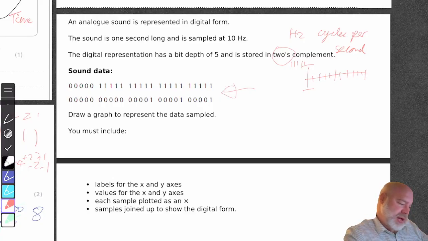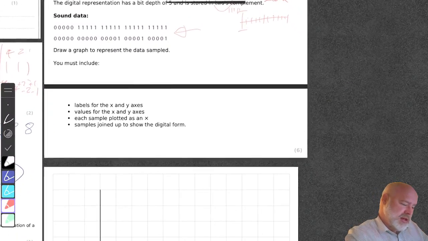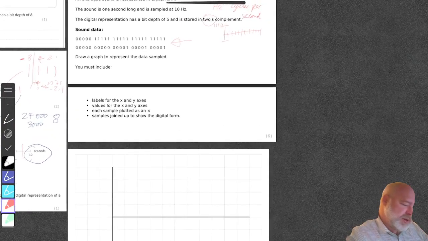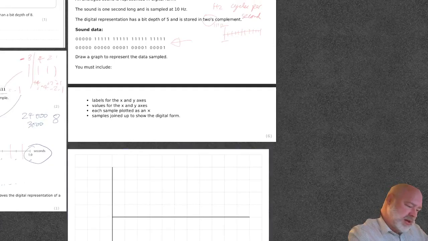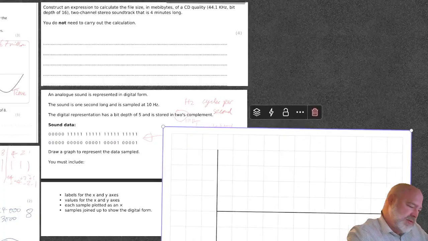Labels for X and Y. So this is a 6 marker. This is quite a nice 6 marker. Then we can get 6 marks out of this if we play our cards right. I might have to zoom out a little bit. In fact, how about I move this up there? It's going to be easier for us, isn't it?